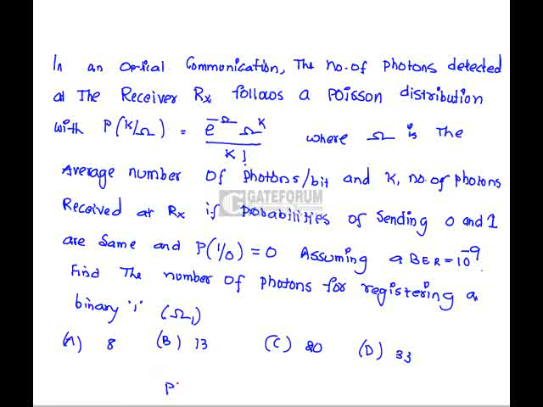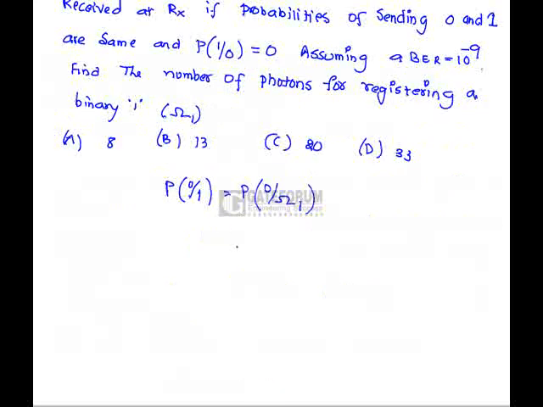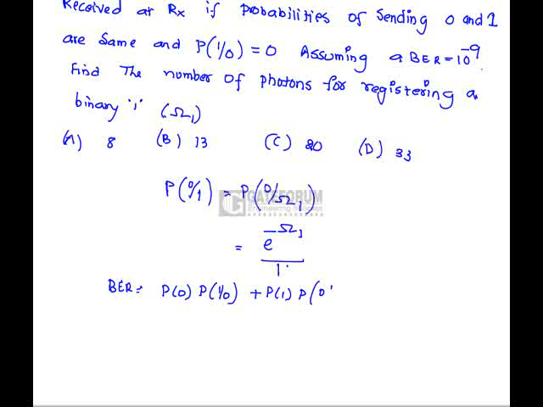Here, the probability of receiving 0 by sending 1 is replaced by probability of 0 given omega 1, which is e power minus omega 1 divided by 1. Then the bit error rate is probability of 0 times probability of 1 given 0, plus probability of 1 times probability of 0 given 1.